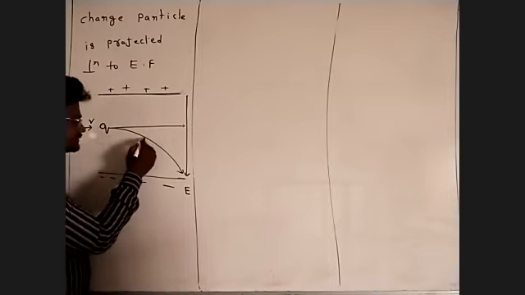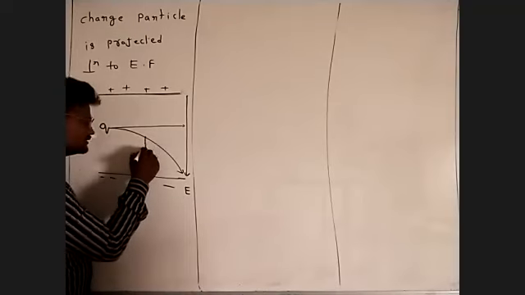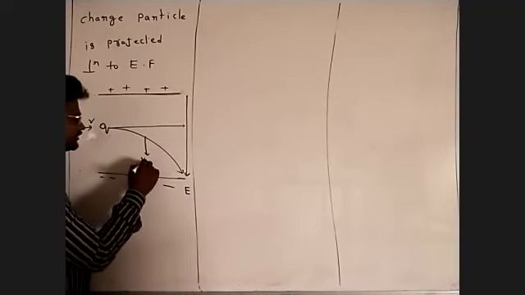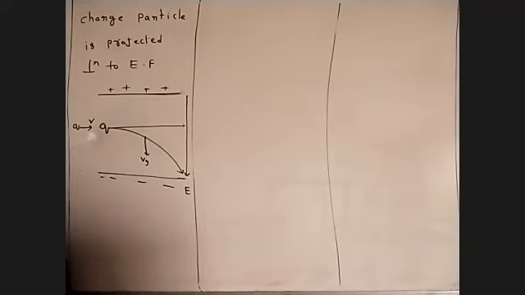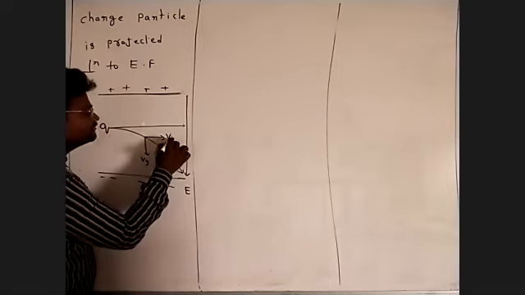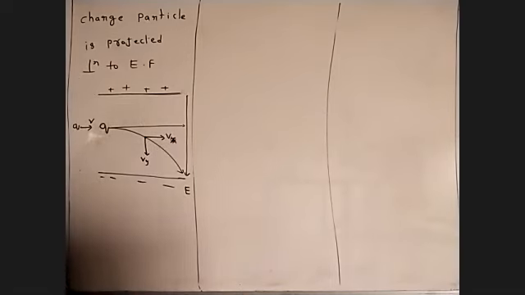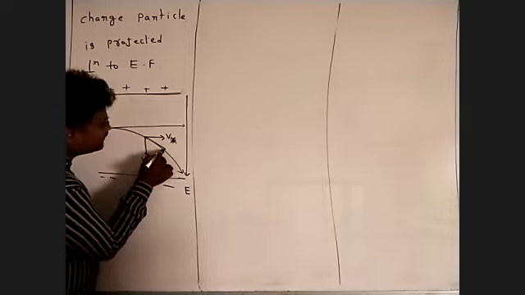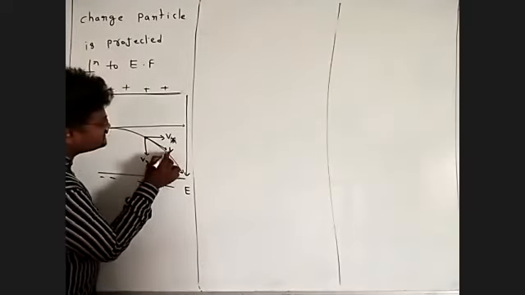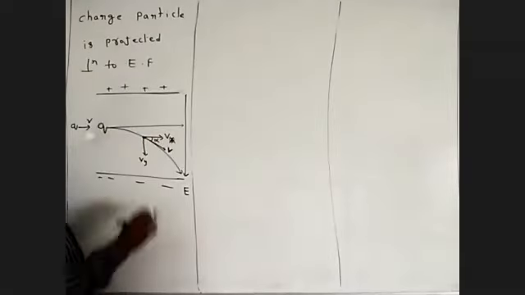Now this is the position of the charge. Here this is Vy. At this position of the charge particle, the speed is Vx. Now this is V, the velocity of the charged particle, making an angle alpha.